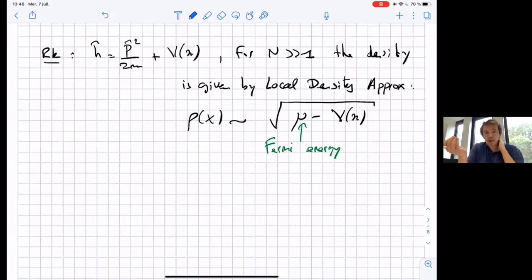But in general, there is no reason why they should coincide. And in fact, the number of matrix models for which there is a fermion problem associated to it is relatively small.